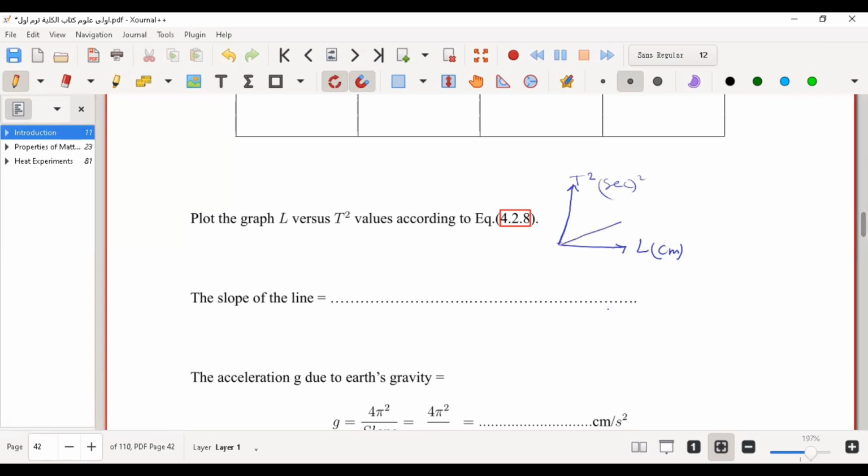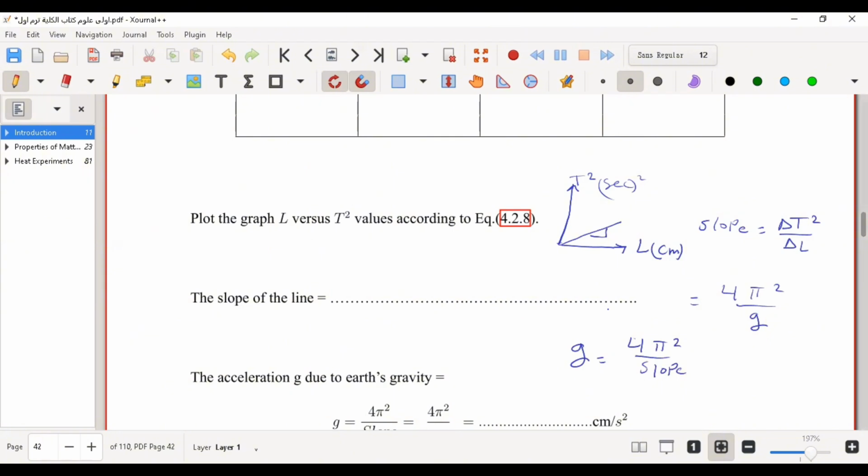It will be a linear relation and the slope equals delta T squared over delta L. So this slope equals 4 pi squared over g. Now we need to know the value of g, which will be 4 pi squared over the slope.